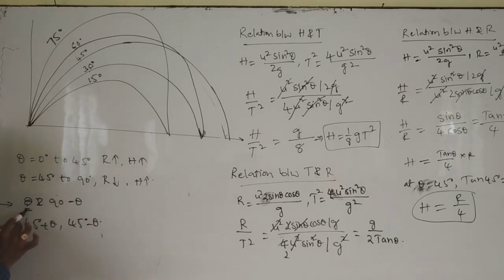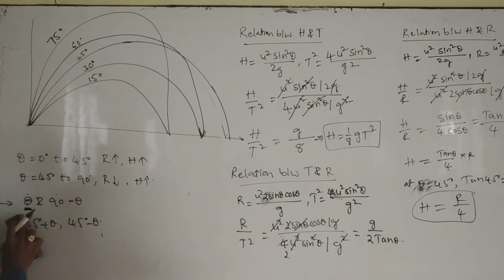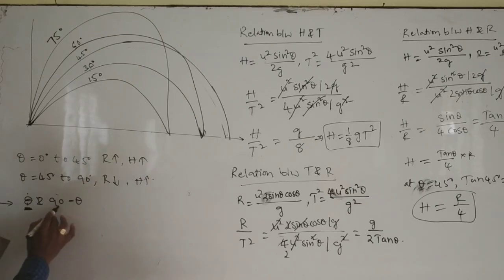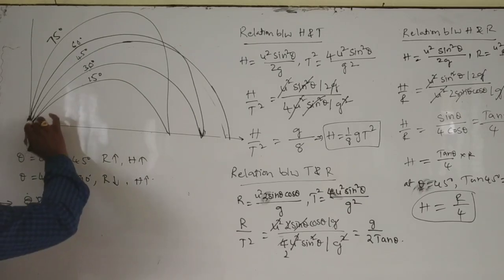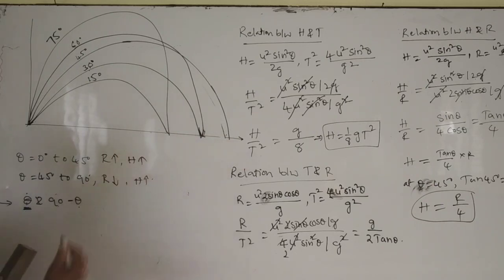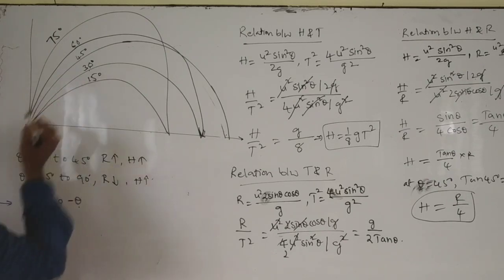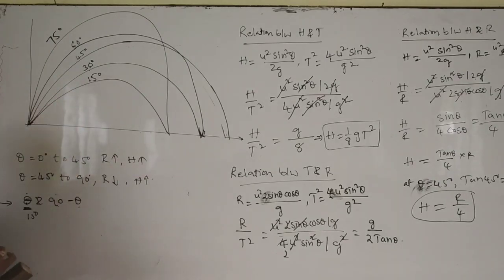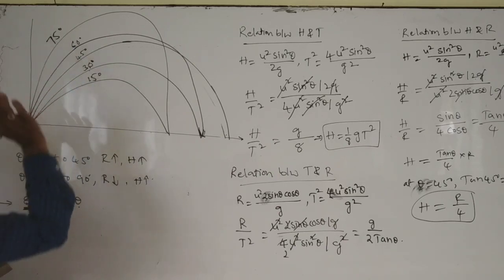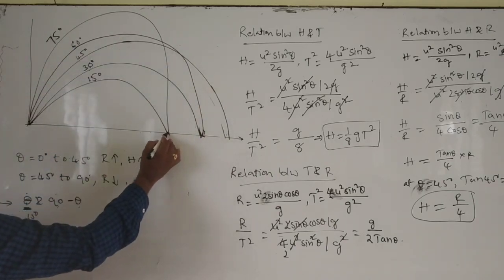If one is projected with 30 degrees, the other is projected with 90 minus 30, that is 60, and both have the same range. Similarly, when one is projected with 15 degrees, the other has 75 degrees, and both have the same range.